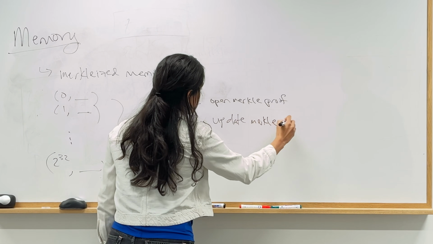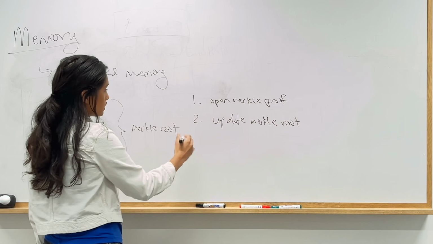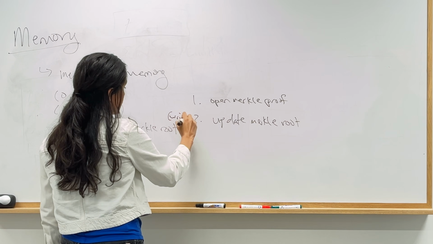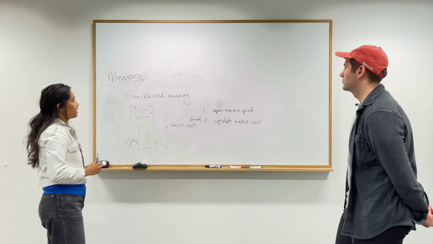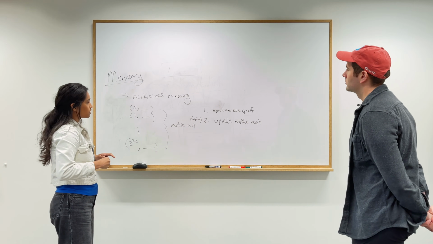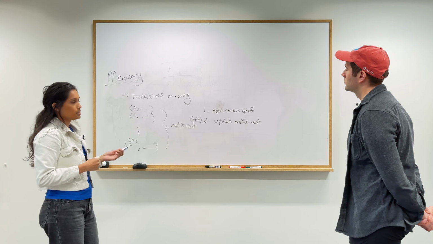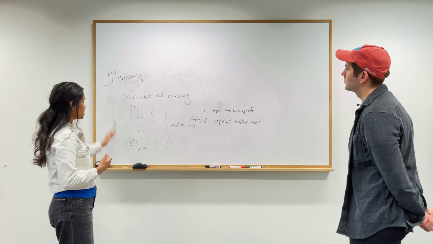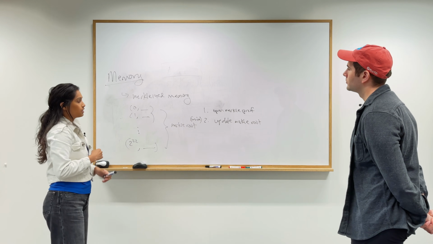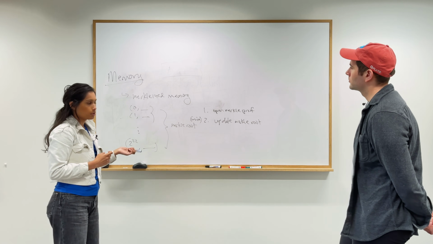So if it's a read, I don't have to do the second step. But if it's a write, then I have to obviously update the Merkle root with the new value. Obviously, this is kind of undesirable because it introduces this log n, where n is the size of your address space, overhead to every access to memory.